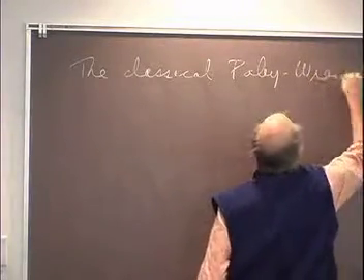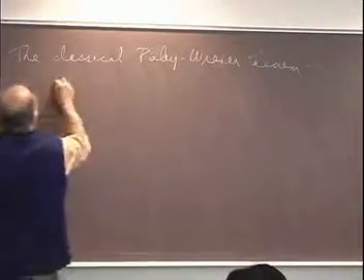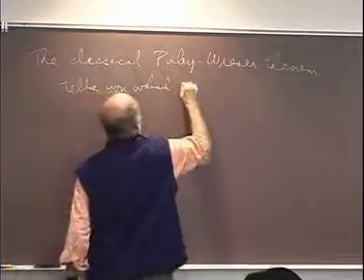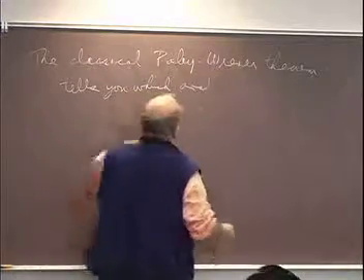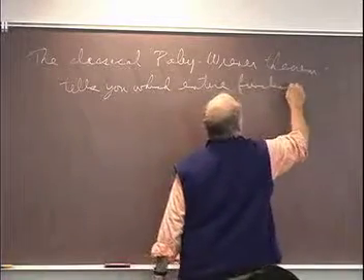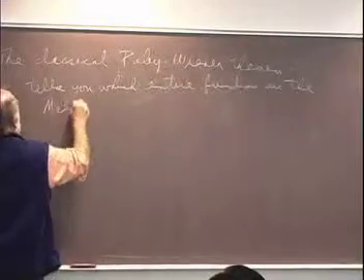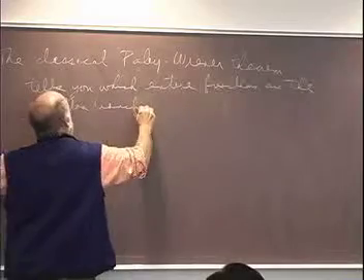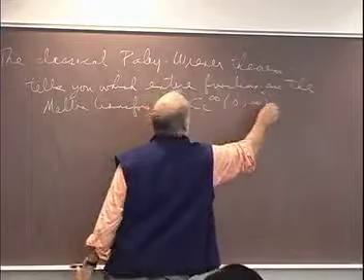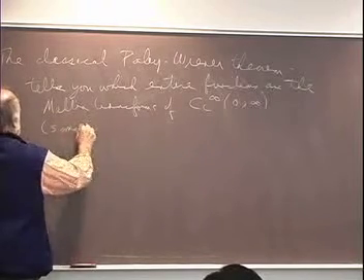There are many classical Paley-Wiener theorems, but what's used most often in modern terms tells you which analytic functions, which entire functions, entire being analytic everywhere, are the Fourier, or the Mellin transforms, of C_c^infinity of (0, infinity). And this is somewhat tricky, not terribly hard, but.